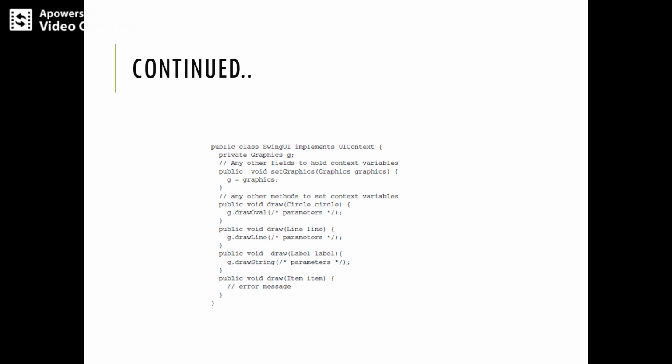So as earlier, draw needs information from both the UI technologies, that is user interface, and the items. The user interface information is obtained within the context object, and the item is passed as a reference.